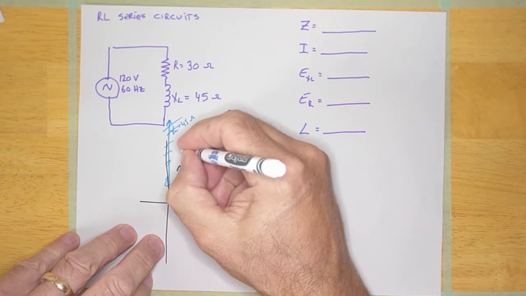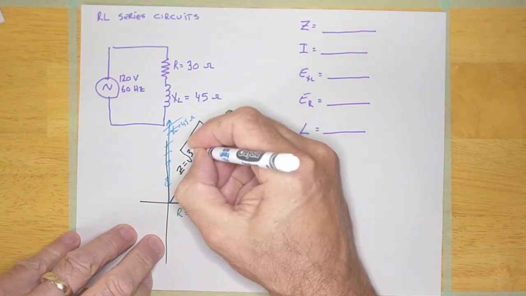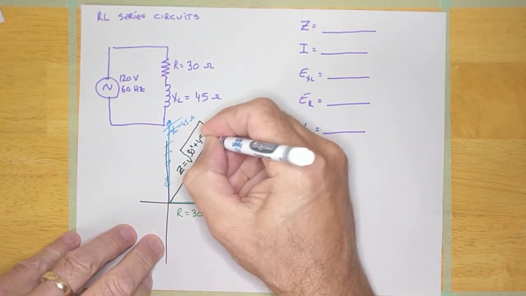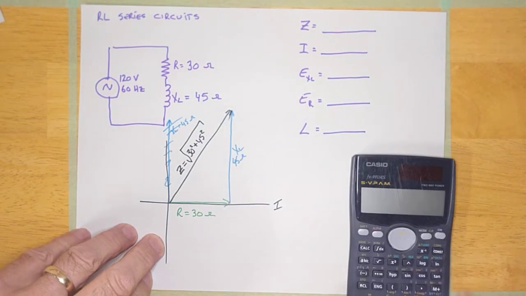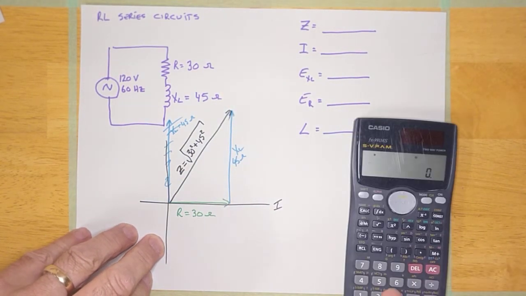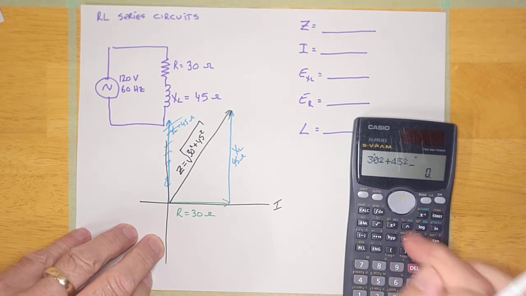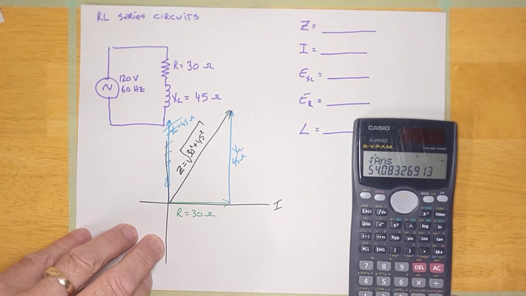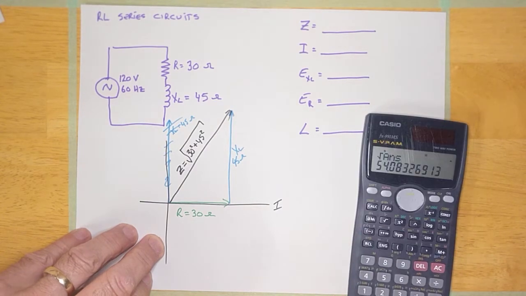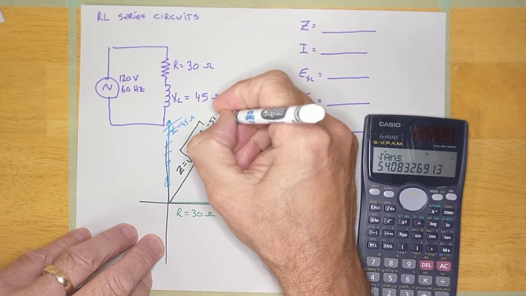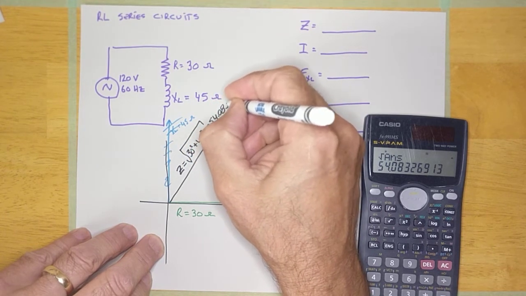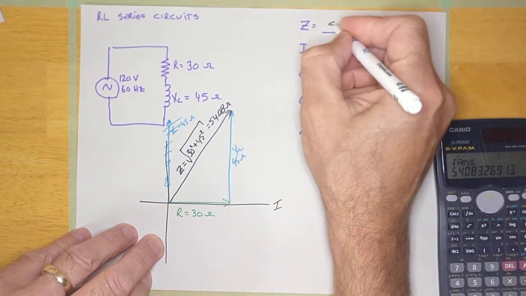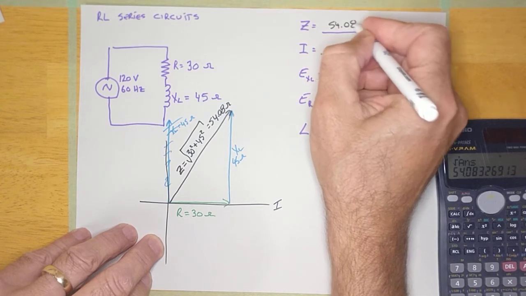It's going to be the square root of 30 squared plus 45 squared, okay, because of Pythagorean theorem. So let's see if we can figure that out here. 30 squared plus 45 squared equals, and then we'll take a square root of that, okay? It is 54.08 ohms.